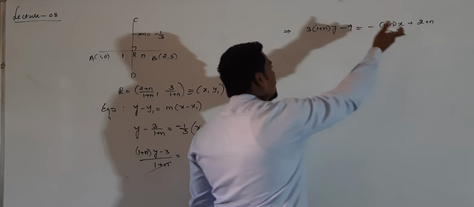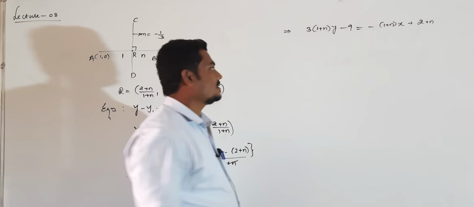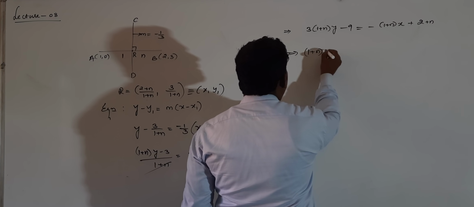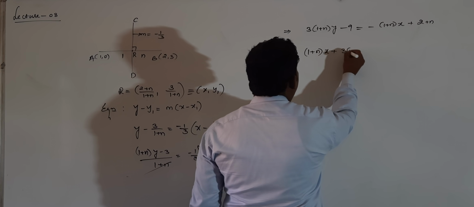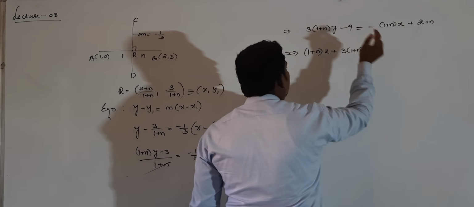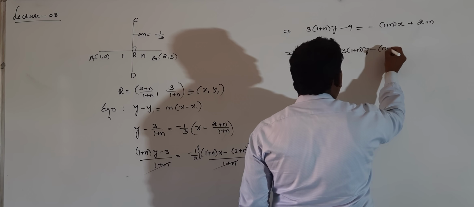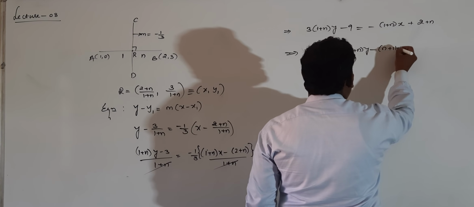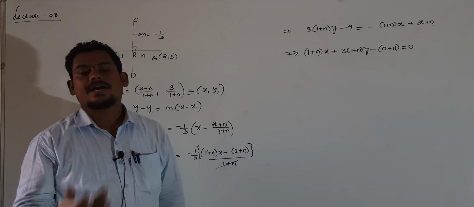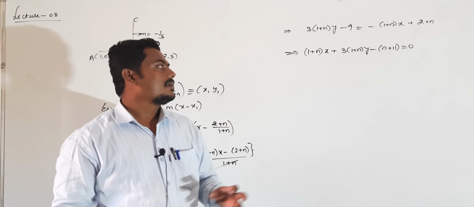Now take these two terms into LHS. Then it will be (1 plus n) into x plus 3 into (1 plus n) into y, and take these two terms into LHS, then it will be minus of (n plus 11) equal to 0. This is our required equation of the line.